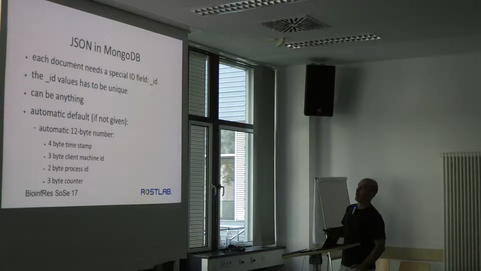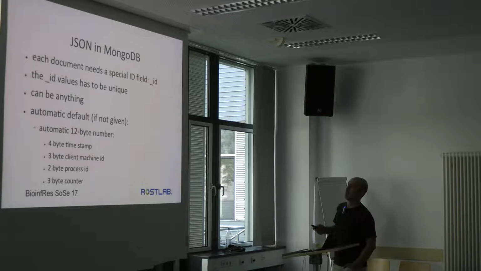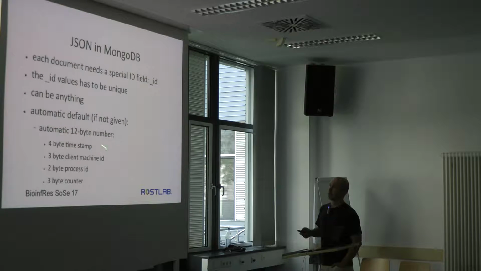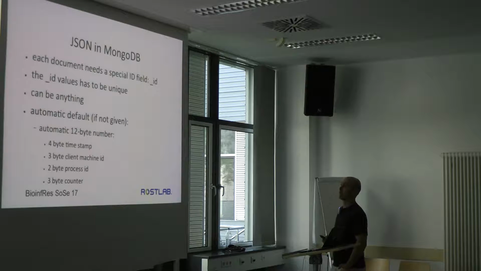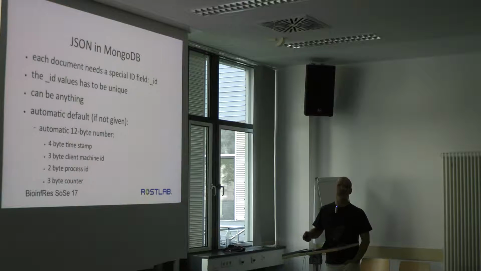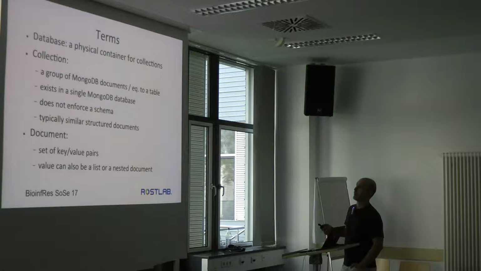It can be anything. If you let it be generated by the database, typically it's a 12-byte number, where you include the timestamp, the client machine which contacts the server, the process ID, and a counter, which is typically incremented every time you create a new ID. Okay.